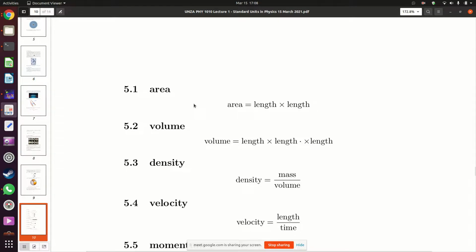For you to obtain a physical quantity called area, somewhere you need to multiply length by itself, whether it's the breadth or whatever it is, but the length has to be multiplied twice.